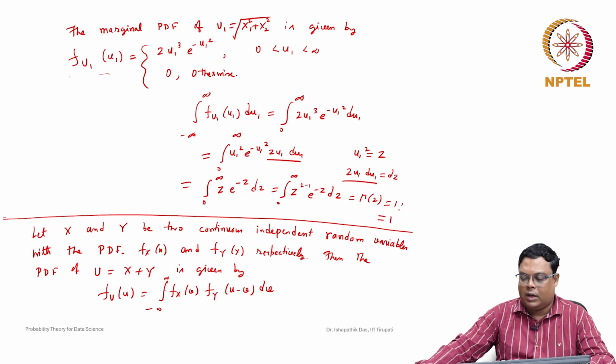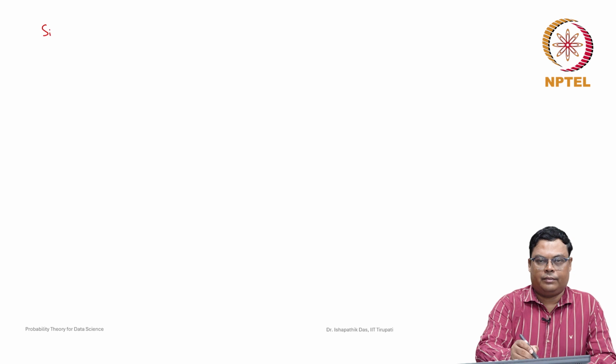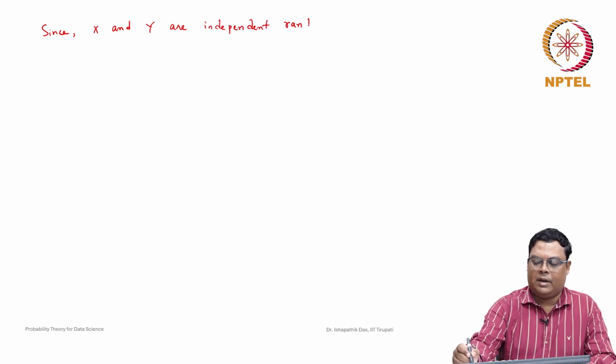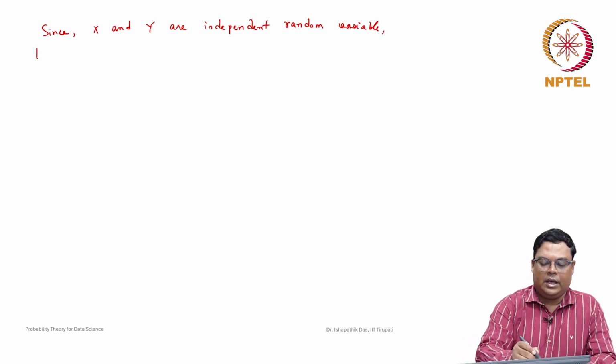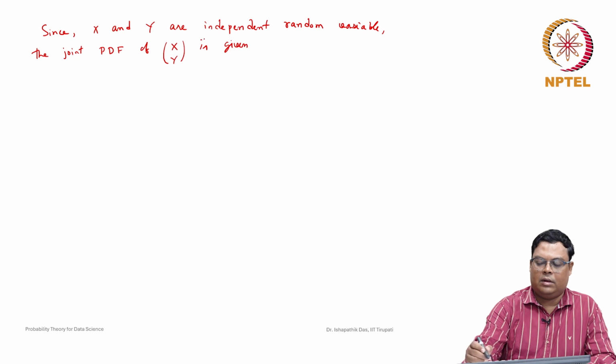Now since x and y are independent random variables, the joint probability density function of the vector (x, y) is given by f of xy.